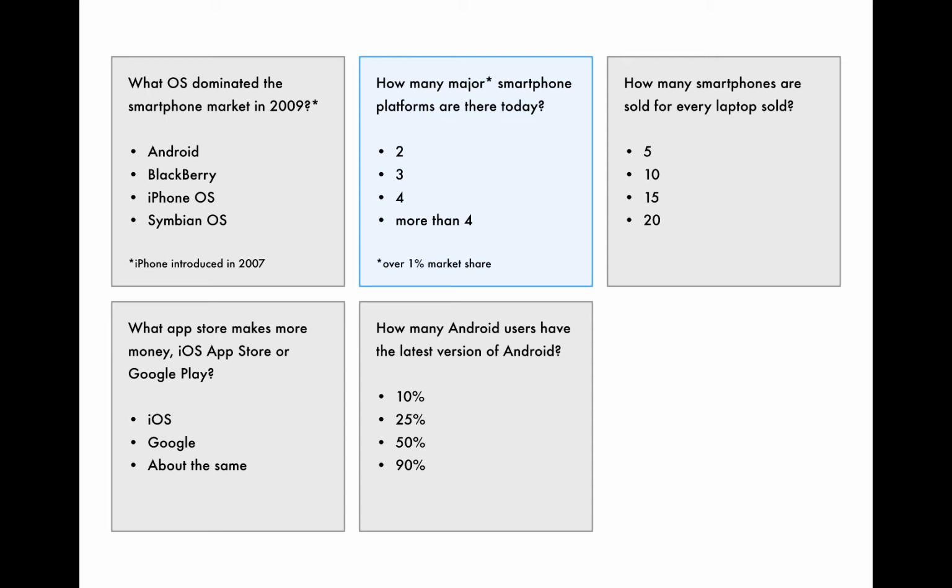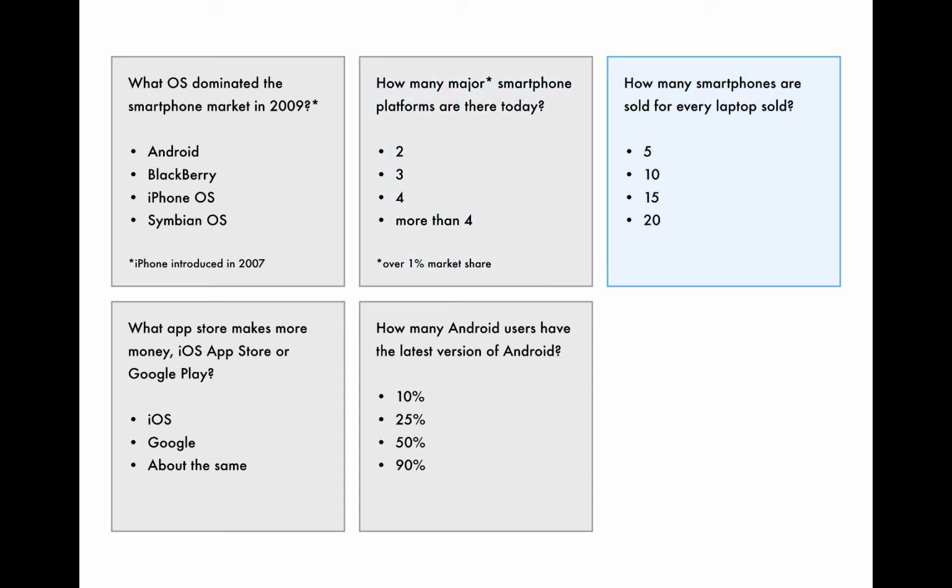But are they the only 2 that have a larger than 1% market share? If so, then 2 is your answer. But is there another one? Perhaps Windows or BlackBerry? So maybe it's 3 or 4, or maybe it's more than 4. I'm talking about global markets here, which includes Russia, China, and India. Okay, next question.